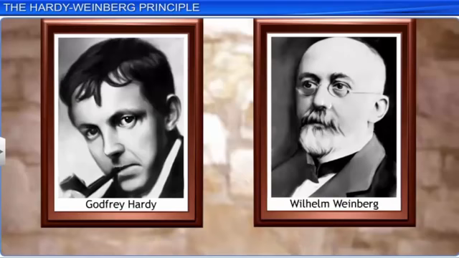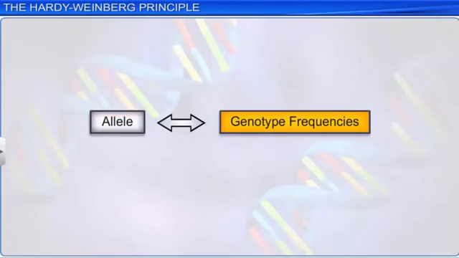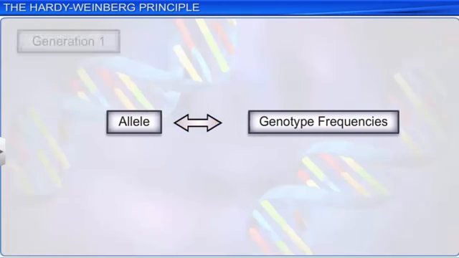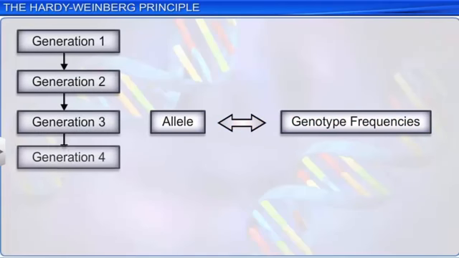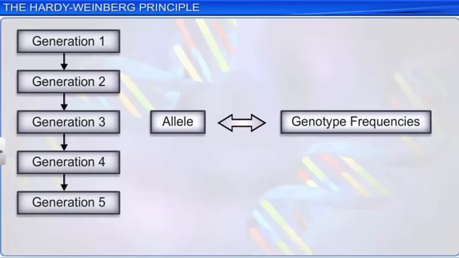Using mathematical modeling based on probability, they stated that allele and genotype frequencies in a population remain in genetic equilibrium from generation to generation unless specific disturbing influences are introduced.